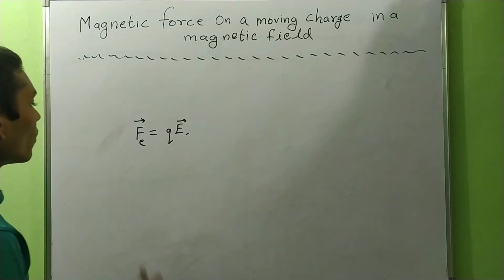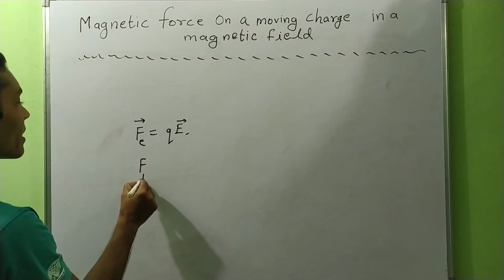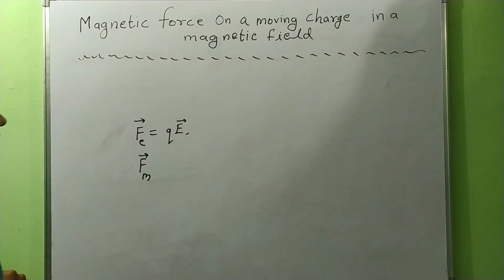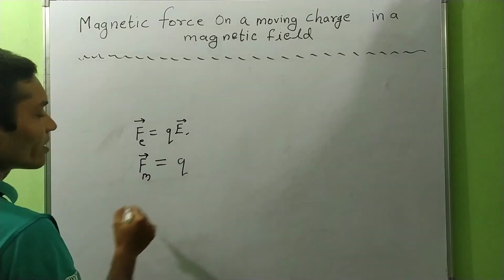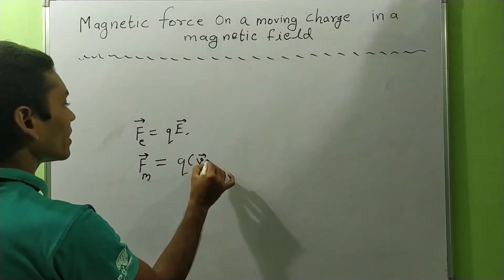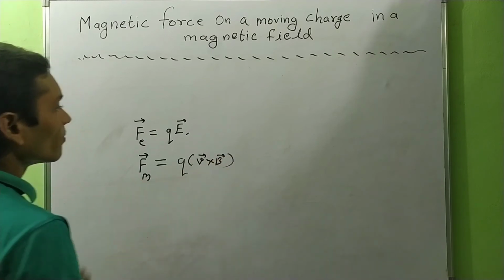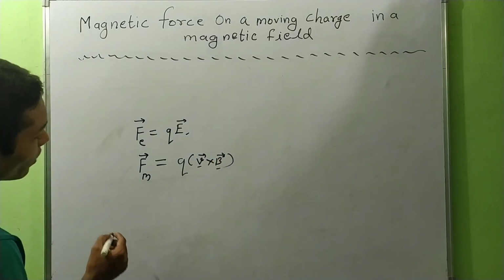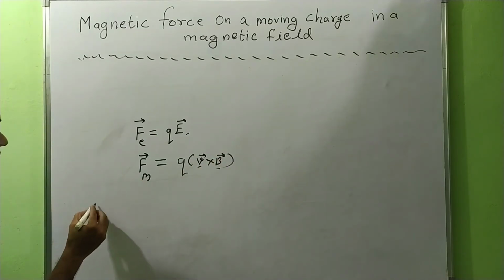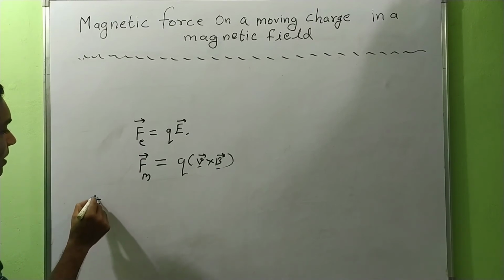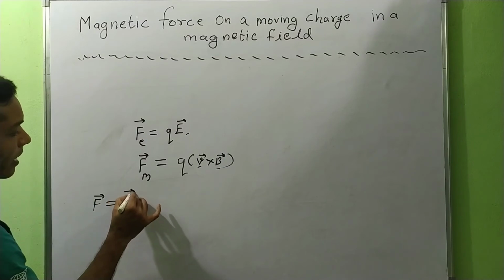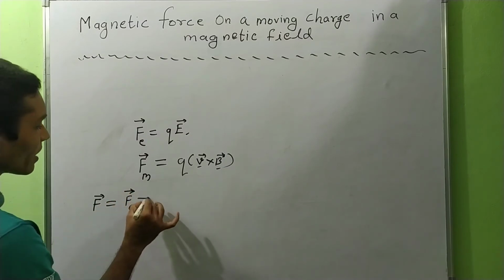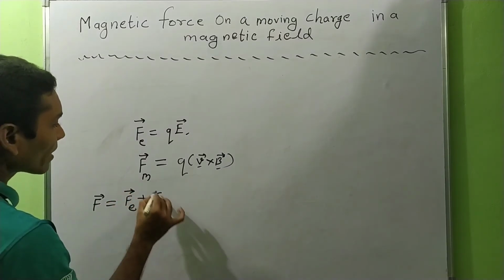The magnetic force on the moving charged particle, vector Fm, we have calculated as q vector v cross vector B. So the total force on the moving charged particle will be vector F equal to the electric force plus the magnetic force.